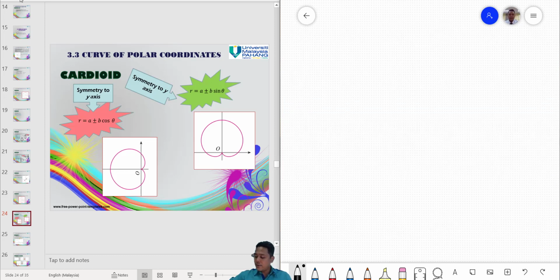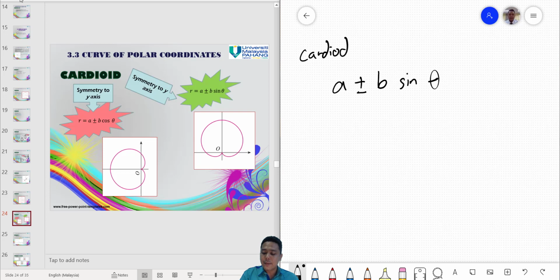Now let's proceed a little bit with what I mentioned about the limacon. The cardioid, the general equation, is in the form of a plus or minus b sin theta. A cardioid is a perfect heart-shaped curve.